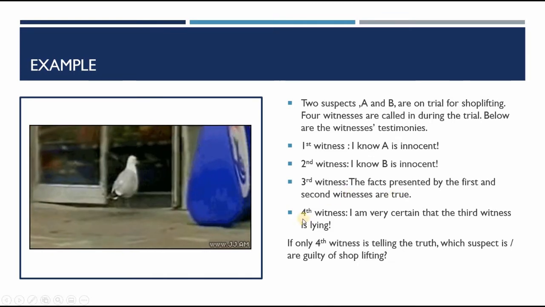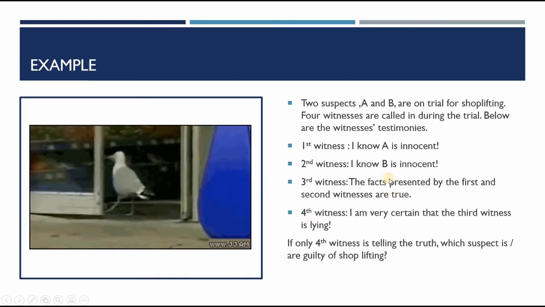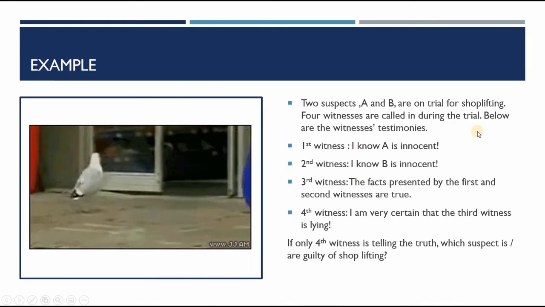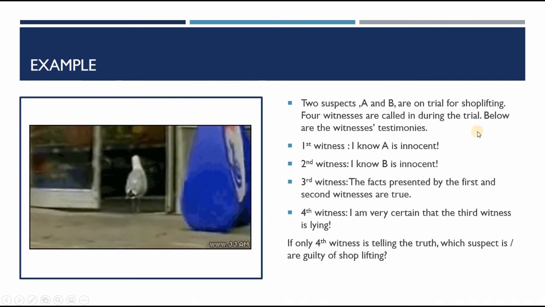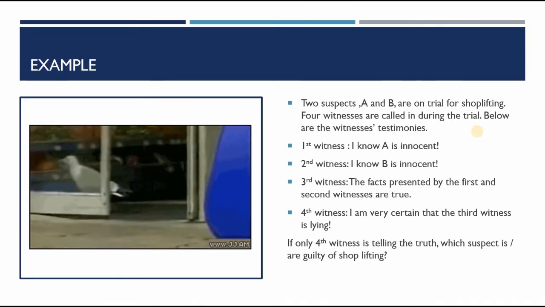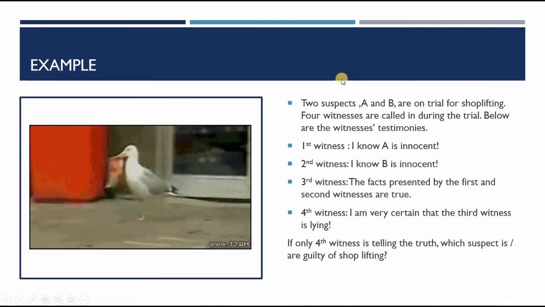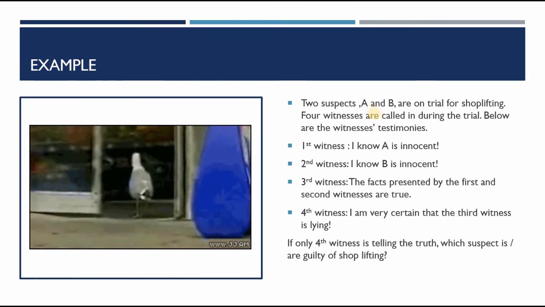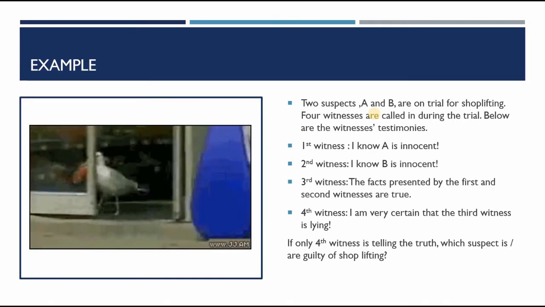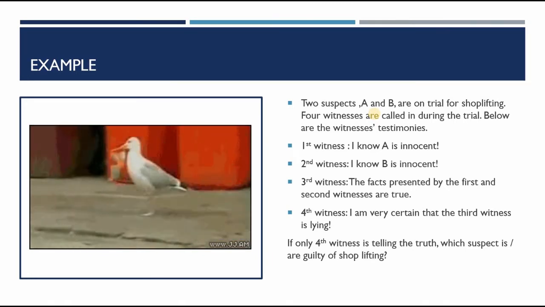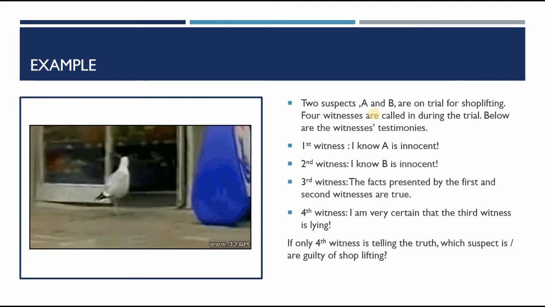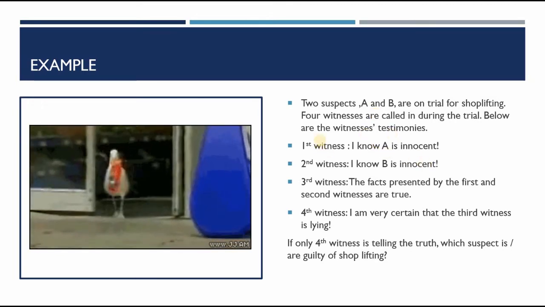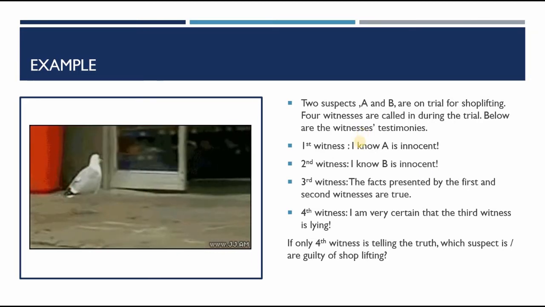So if the third witness is lying, then the first and second witnesses are also lying. The first witness said, I know A is innocent. If he's lying, then A is not innocent. The second witness said, I know B is innocent. If he's lying, then B is not innocent. So both suspects A and B are guilty of shoplifting.